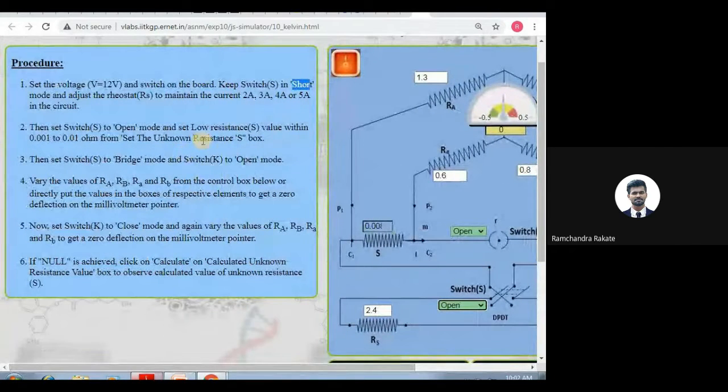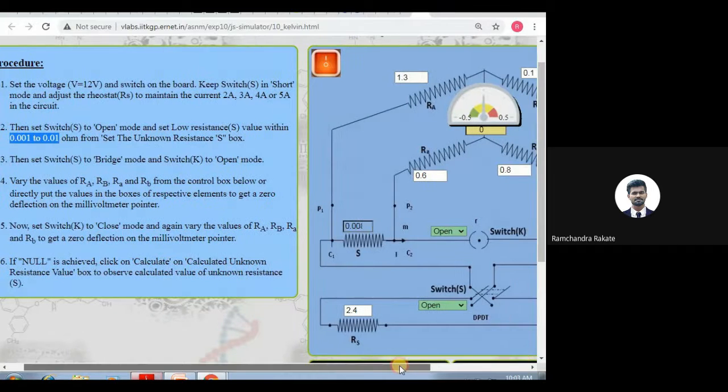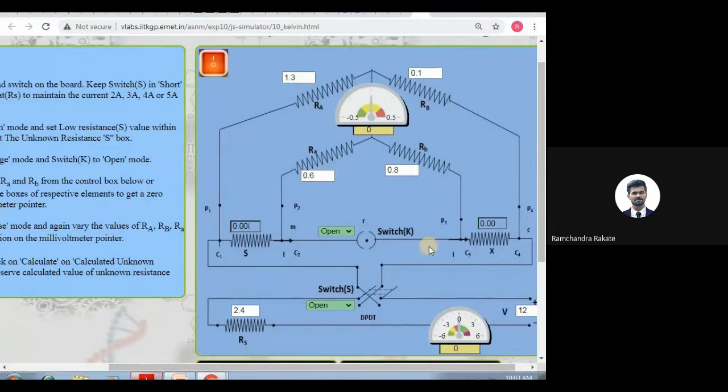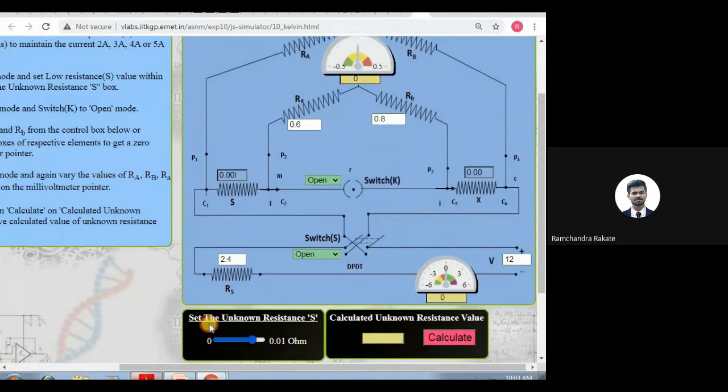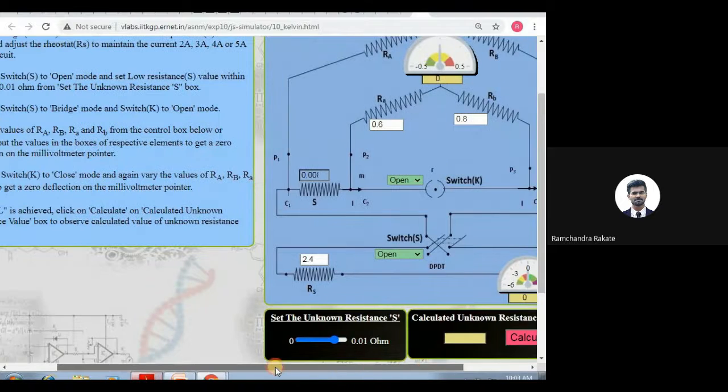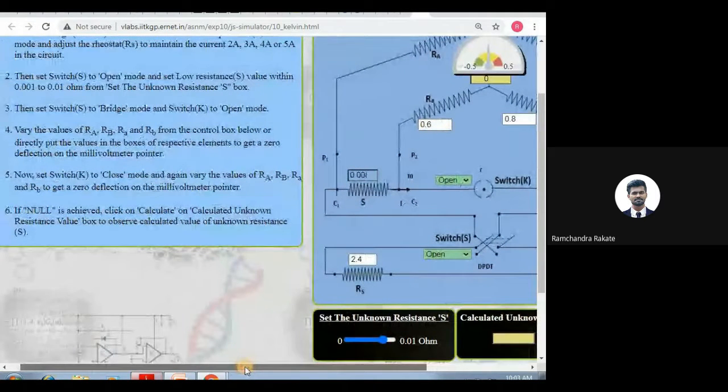Now they are saying you have to keep the low resistance value within this range. So where is the low resistance value knob? Here it is. We can keep it from here also. Set the unknown resistance value. No, something is different, just one second. Set the low resistance value with the switch in open mode.